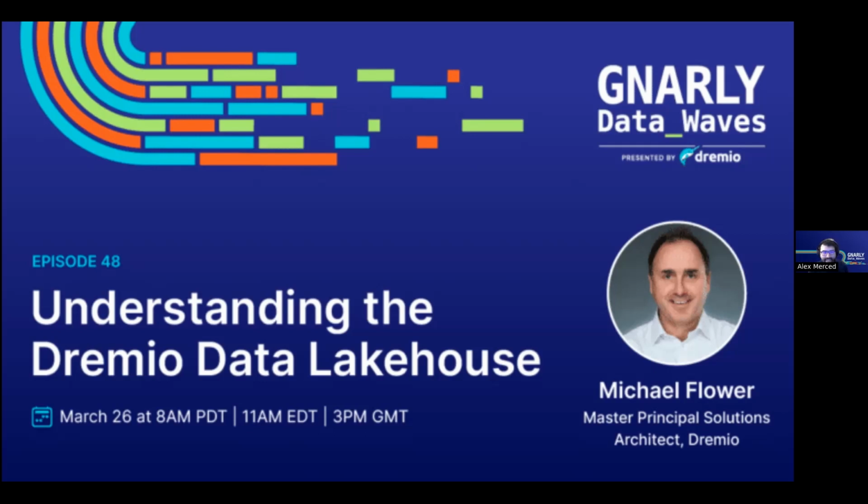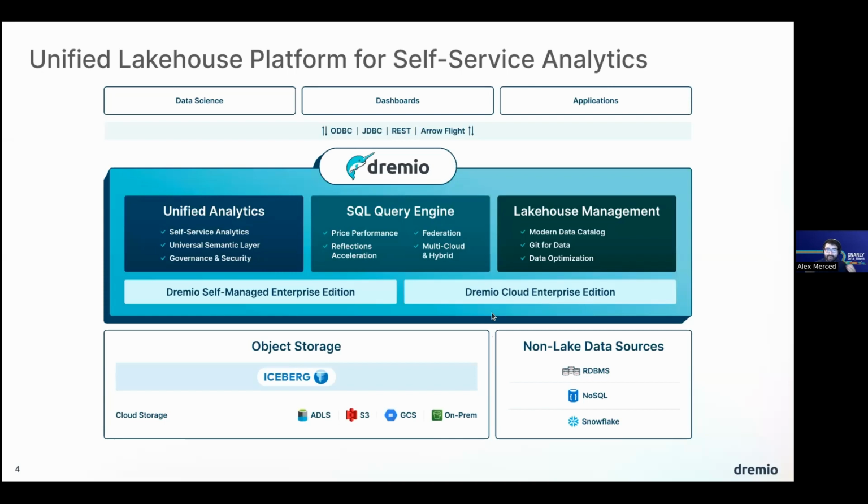Before we have Mike do that demonstration, let's talk a little bit about what Dremio is. Dremio is the unified lakehouse platform for self-service analytics. It's going to allow you to connect all your sources. That's what we're talking about when we talk about unified analytics: the ability to connect all your sources, whether they be data lakes, relational databases, NoSQL databases, or data warehouses like Snowflake.